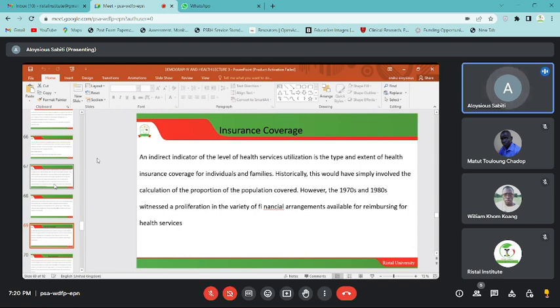So insurance coverage may not be the only arrangement that is helping people seek health services. However, it is important that you try to understand how many people have coverage for accessing healthcare, so that you will be able to understand their health-seeking behavior.